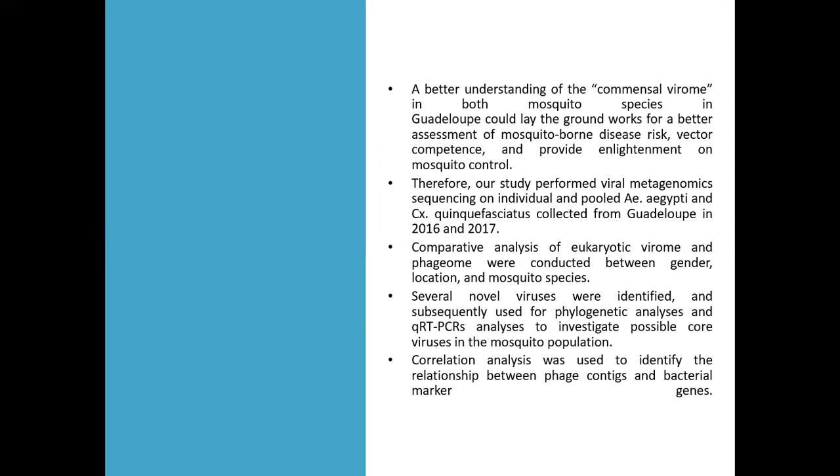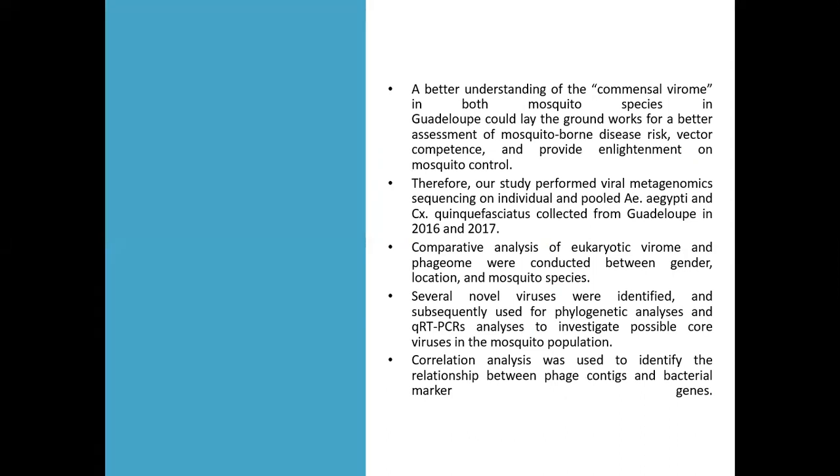It is also very important for vector competence, and that finally will provide enlightenment on mosquito control. Therefore, having a better understanding of the commensal virome of a mosquito is really important in order to control such mosquito-borne diseases.